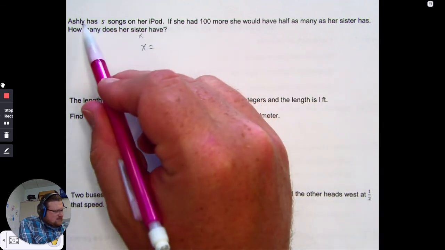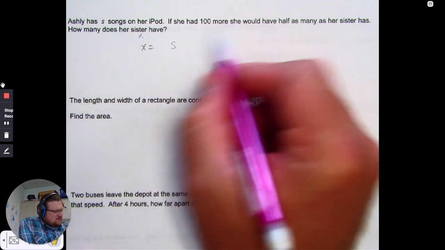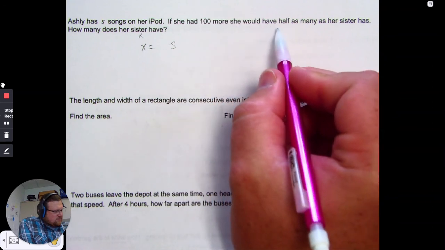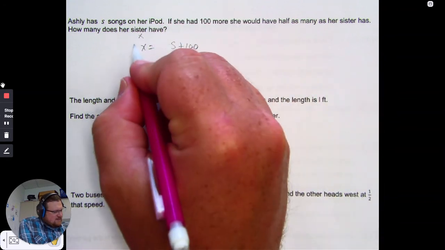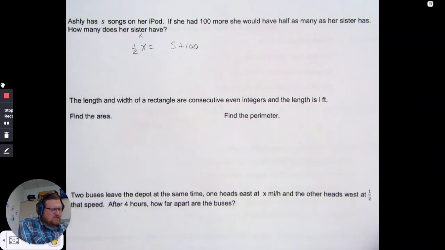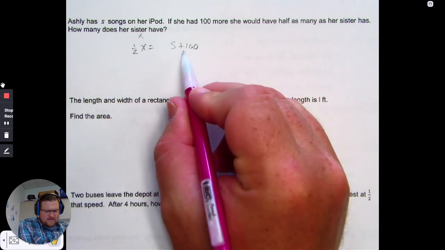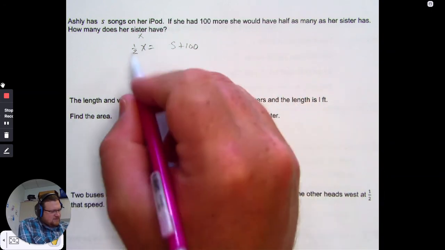You take what Ashley has, S, and it says if she had 100 more, she would have half as many. So if you add 100 to that, that has to equal half as many as what her sister has. So if we take half of X, that has to equal S plus 100.